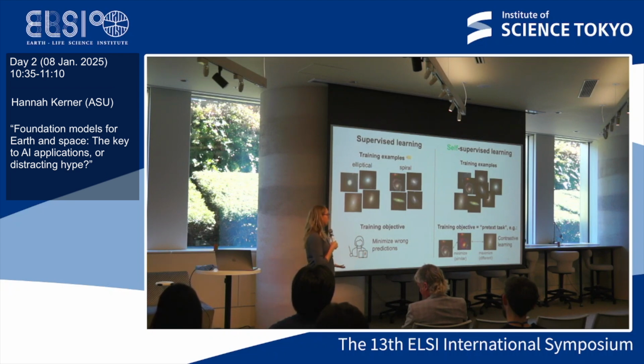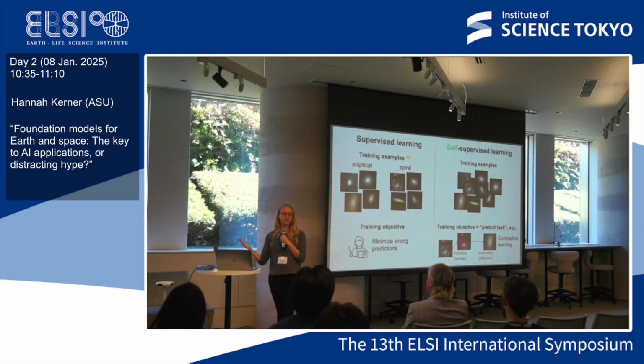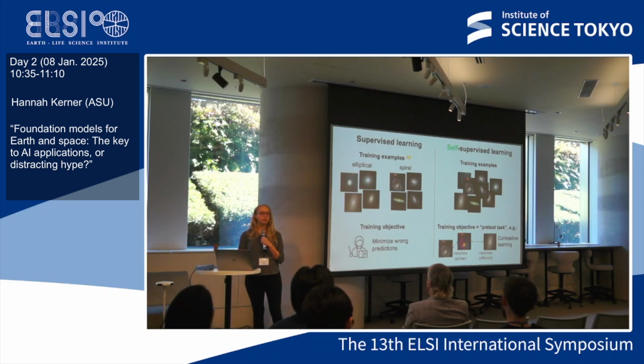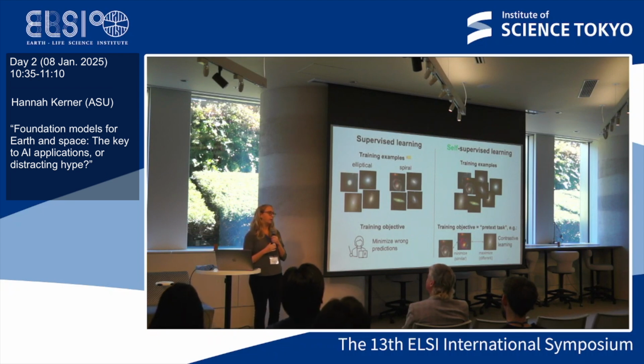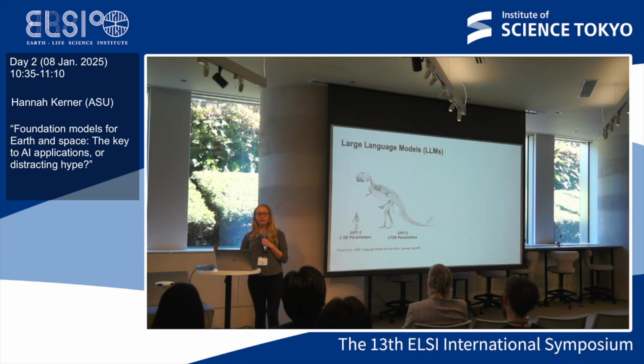Those pairs could be images of the same location or the same galaxy from different satellites or different telescopes, or maybe images taken at different dates. Really, we have the creative flexibility to construct whatever kinds of pretext tasks we think will be helpful for learning the content of these datasets that we want to train the model on.